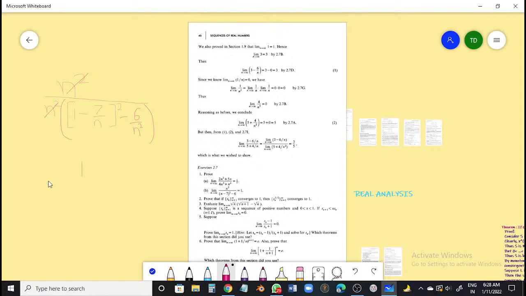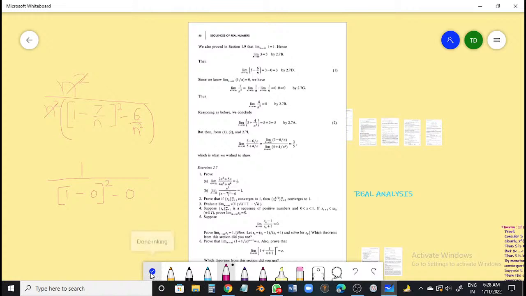What are we left with? The numerator is purely constant 1, and in the denominator, after applying the limit, what we will be left with is 1 minus 0, squared, and minus 0. So obviously the answer is going to be 1. I hope it is a simple one. The rest we have already seen. This kind of thing we have already seen.